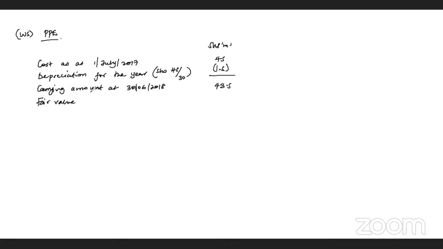Its fair value fell. Its fair value as at 30th June 2018 is given as 37.5. So we see an impairment loss here of 6 million.